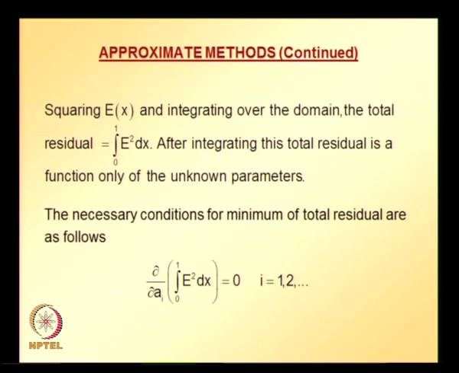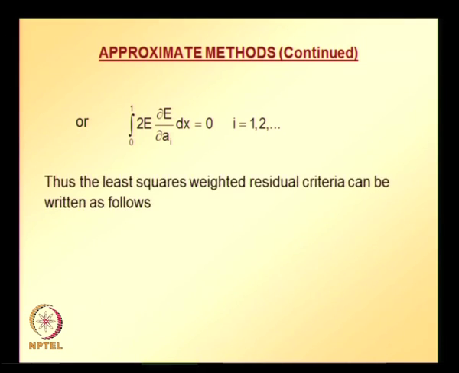So this is the necessary condition, and it can further be simplified by noting that integration and differentiation are interchangeable, and taking differentiation inside we get this equation, and here the 2 can be cancelled out on both sides and we get this equation.